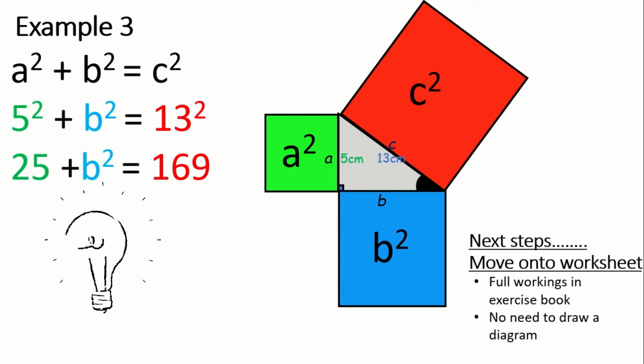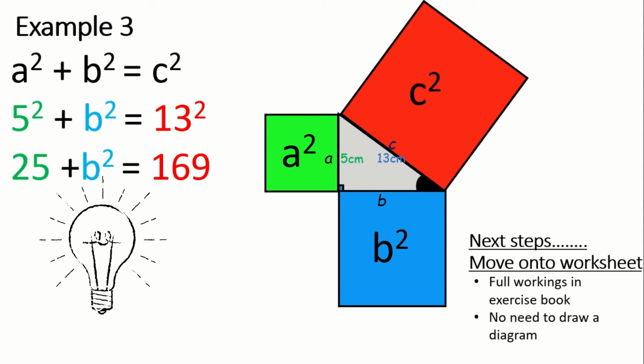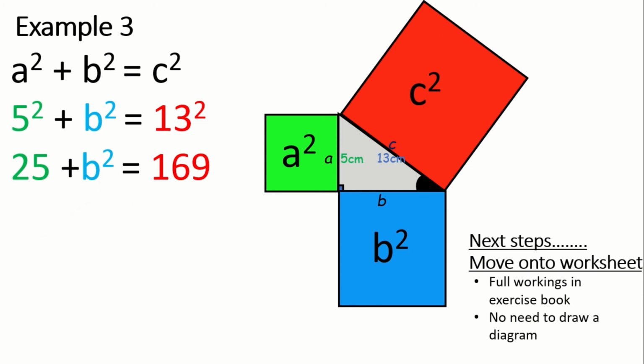Talking with your partner, can you talk about what would be the next steps? Amazing. We need to minus 25 from both sides in order to balance the equation. So I'm going to make sure I include the walls either side, and I'm going to write down minus 25.